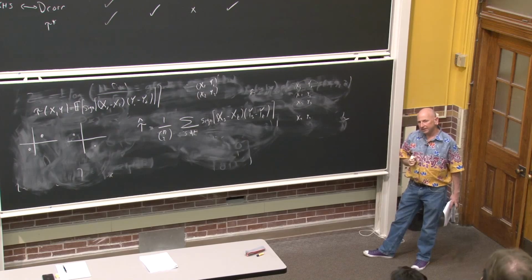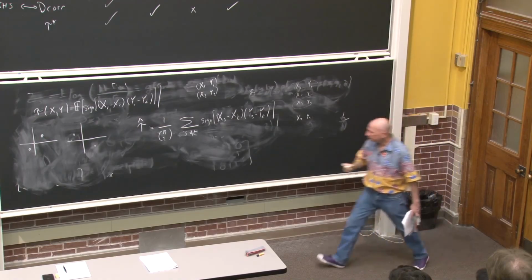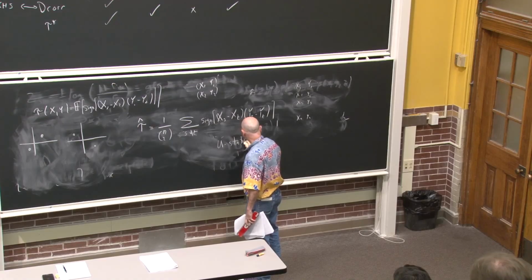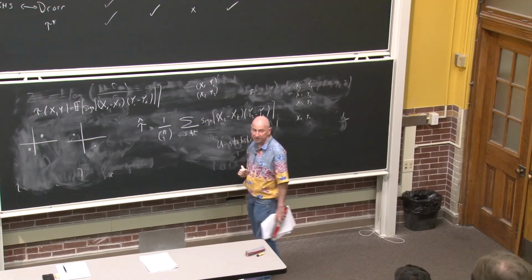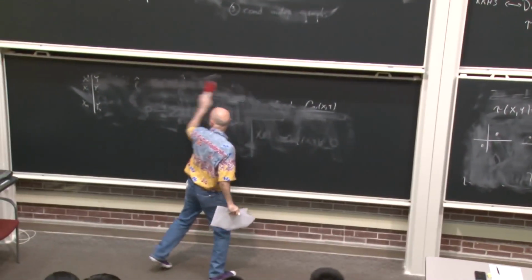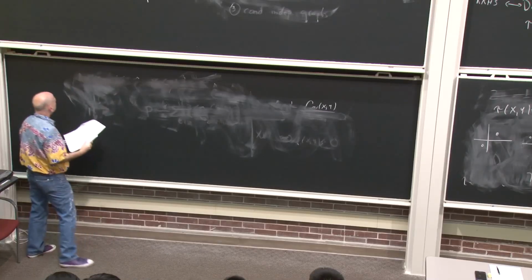So we've hit an interesting thing here, and I mentioned this briefly the other day. This is called a U statistic. Statistics of this form are averages of things which are not independent. And I mentioned the other day that the sample variance can actually be written differently.